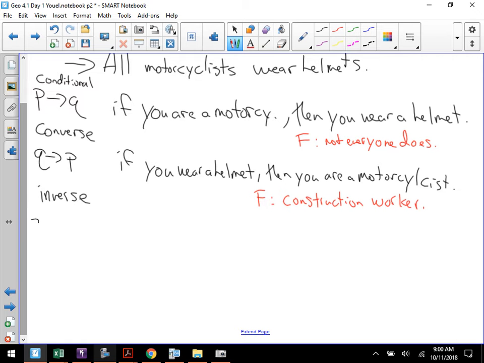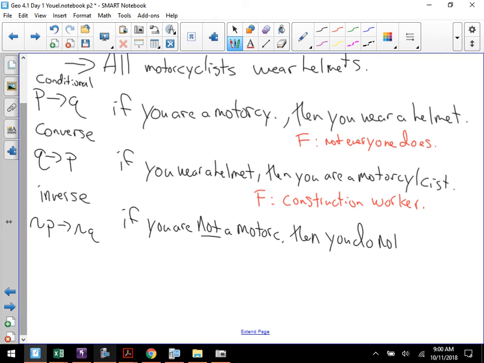I'll use the tilde, because not P implies not Q, which means if you are not a motorcyclist, then you do not wear a helmet. Is that true or false? That's false again.